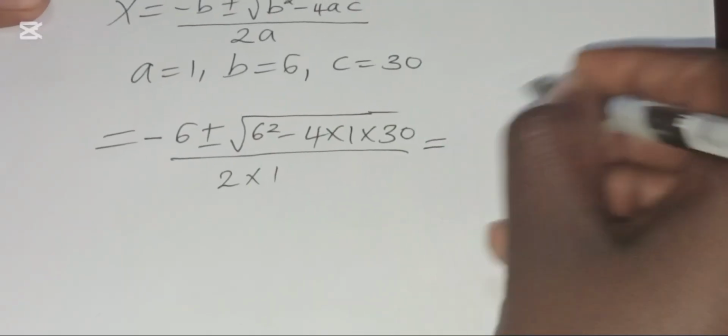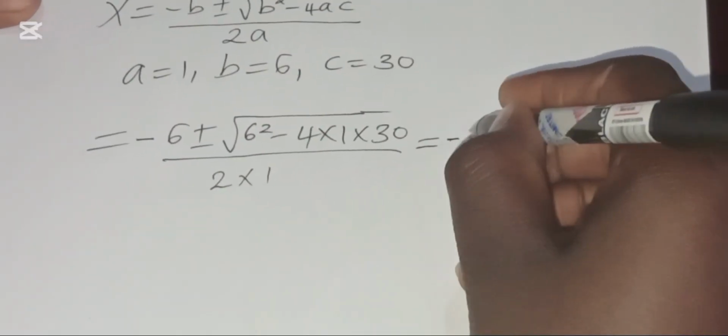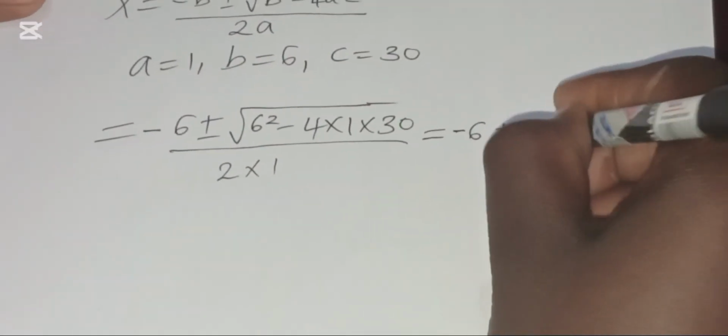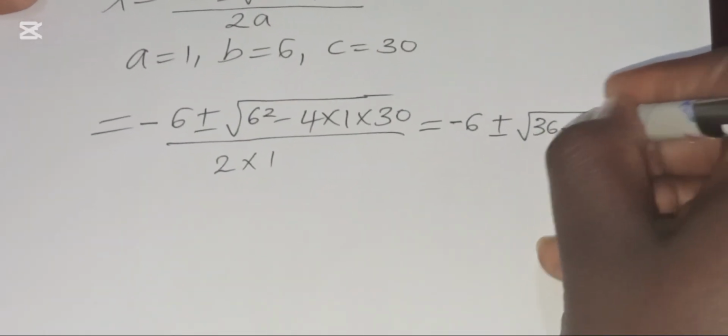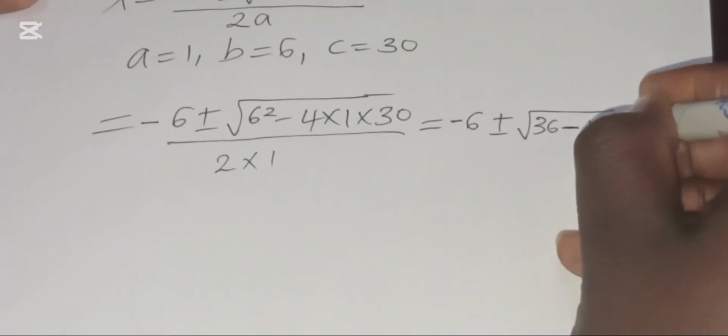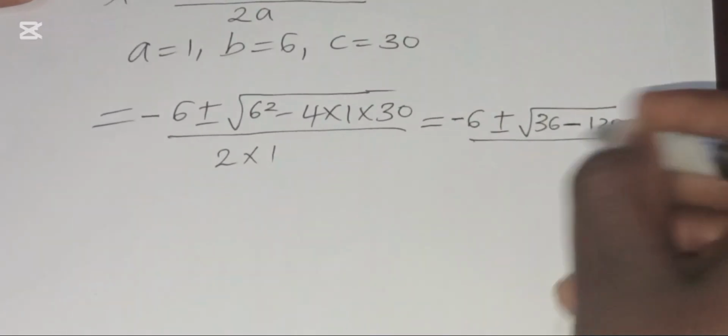Okay, so this is equal to negative 6 plus or minus the square root of 36 subtract 4 times 30, this is 120, divide everything by 2.